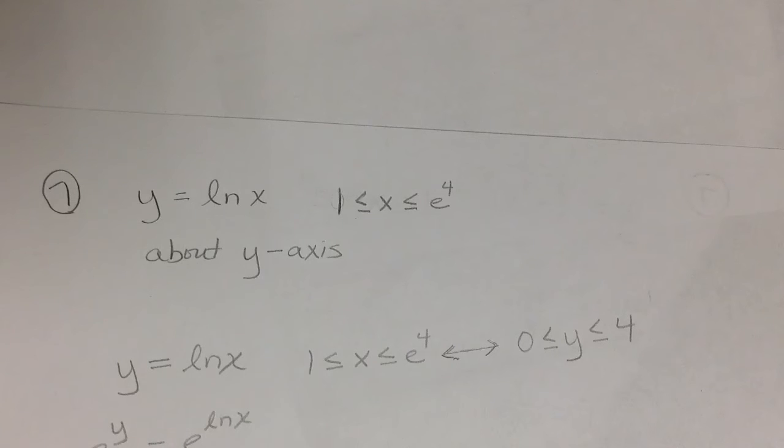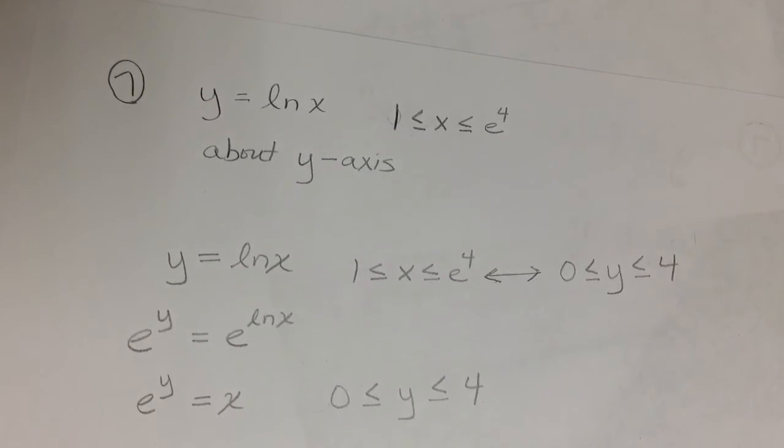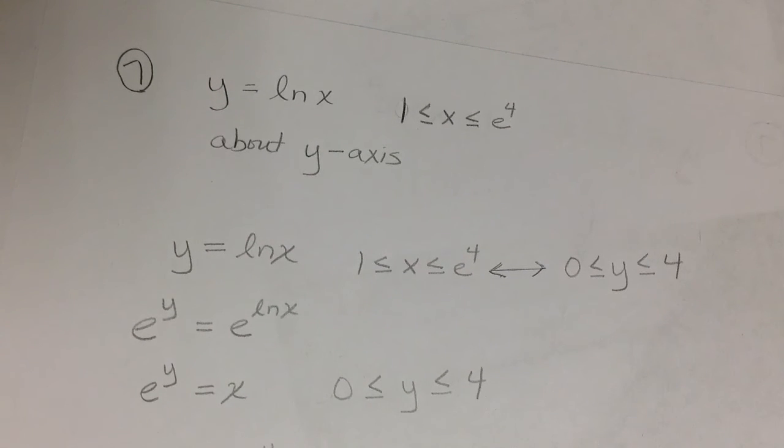And so if we were to rewrite this equation in terms of x equals, we can get rid of the natural logarithm notation by taking the natural logarithmic base e, to which we will treat y and the natural log of x as powers. So you have e to the y is equal to e to the natural log of x, which again is going to go to x. So we have, working with both sides, e to the y is equal to x as y goes from 0 to 4.